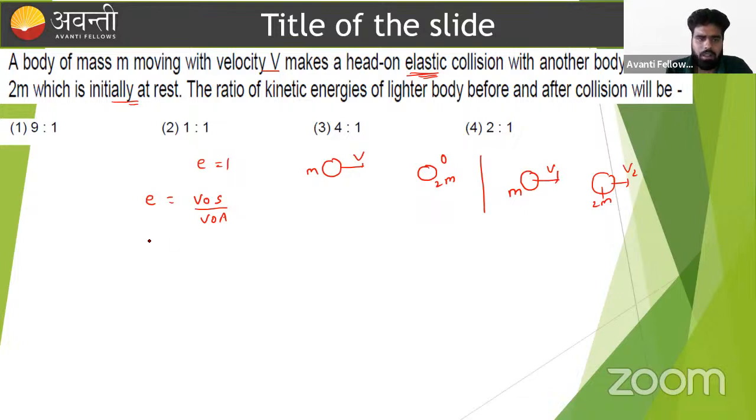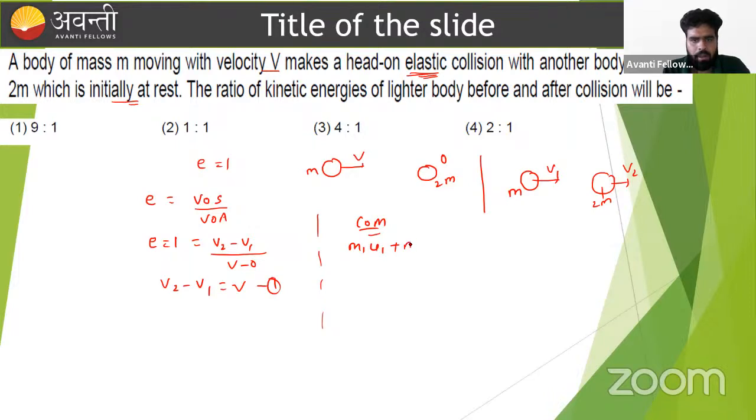Then apply the coefficient of restitution, that is 1. The velocity of separation is v2 minus v1, and the velocity of approach is v minus 0. So v2 minus v1 equals v. Say this is equation number 1. What is the second equation? The second equation is from the conservation of linear momentum: m1 u1 plus m2 u2 equals m1 v1 plus m2 v2.